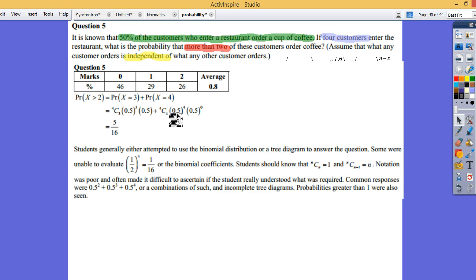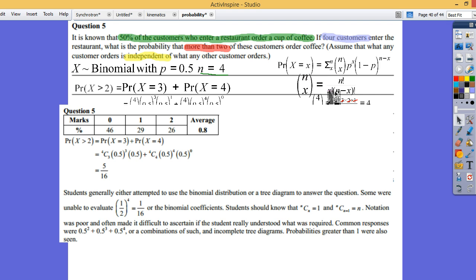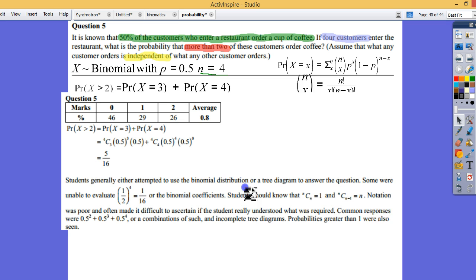So setting it up like this, like the way we did it to get 5 out of 16. Students generally either attempted to use binomial distribution or a tree diagram to answer the question. Some were unable to evaluate a half to the power of 4. That's poor. Or the binomial coefficients, that are these ones. Able to work out this expression is important.